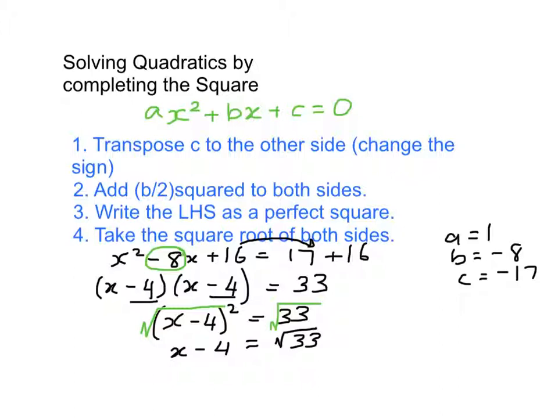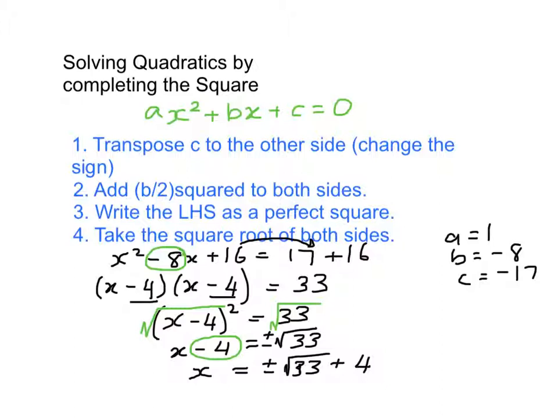And we also know that could be a positive or a negative number. And the last step, I'm going to put the minus 4 on the other side, and of course it becomes a plus 4. So my answer will be x equals plus or minus the square root of 33, you do it on the calculator, plus 4.